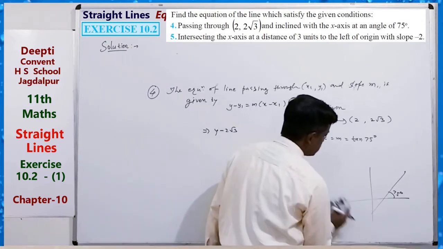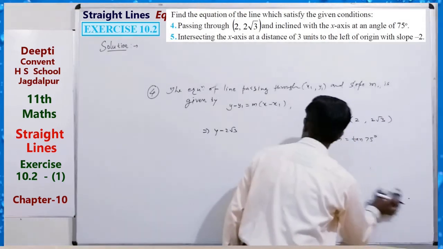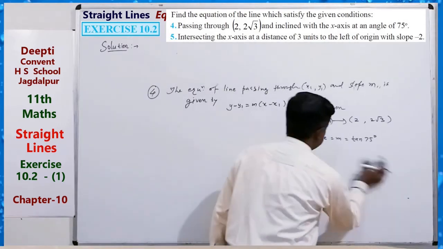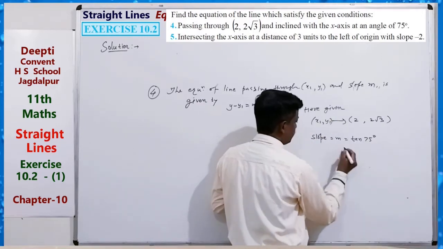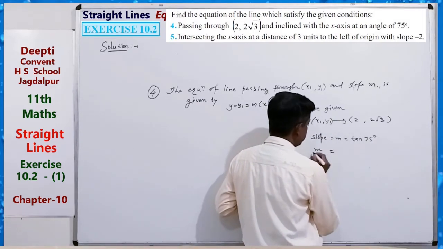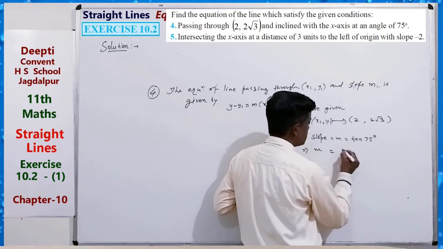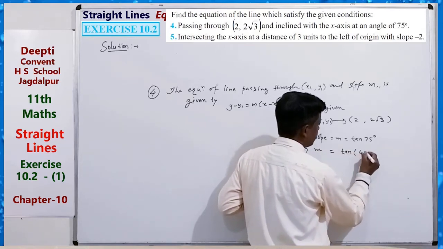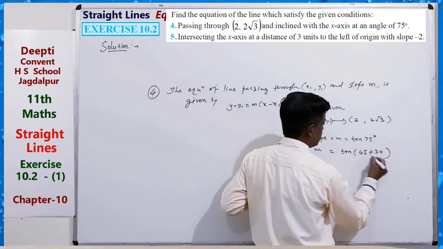Just first find the slope here. Question 4: slope tan 75 means we can write 45 plus 30.